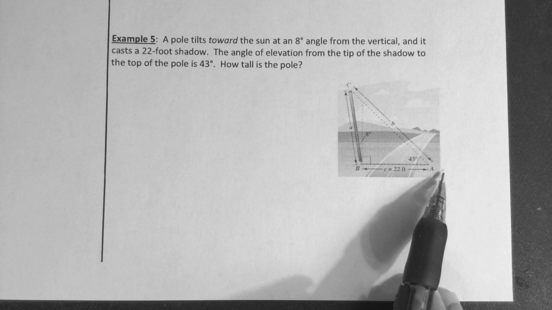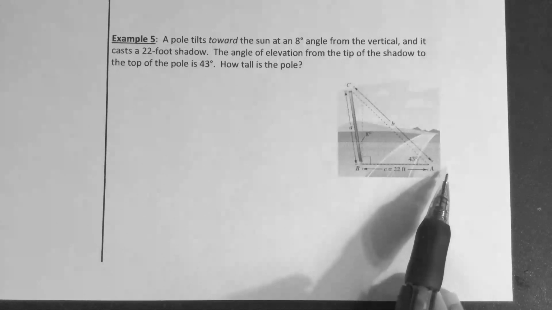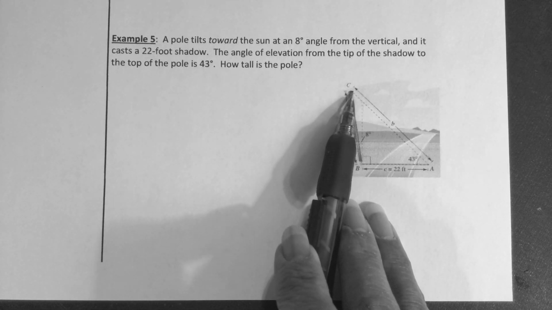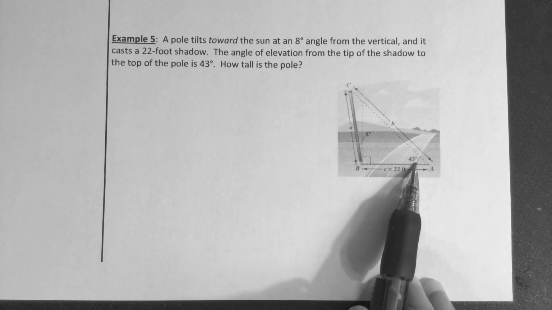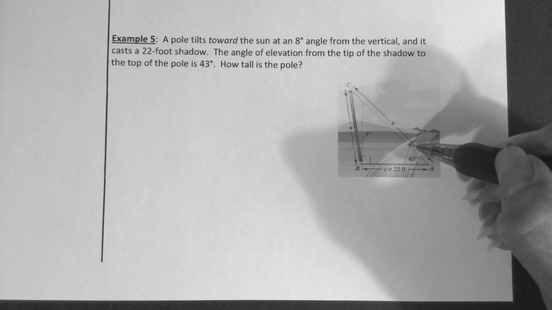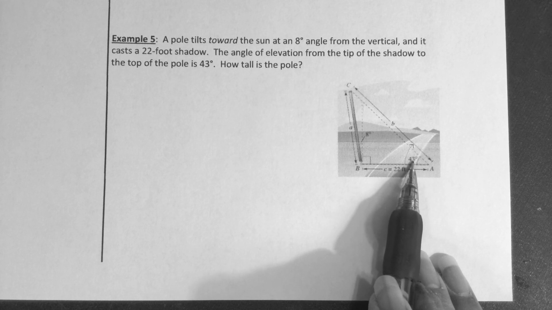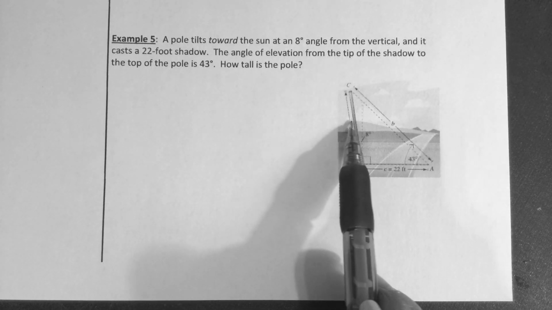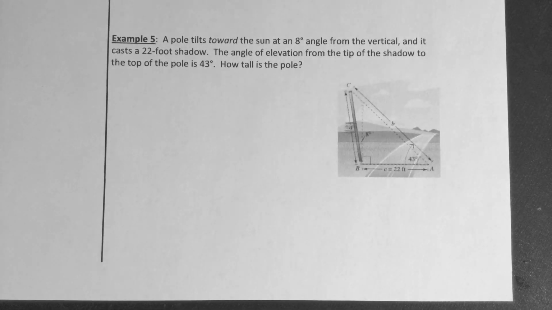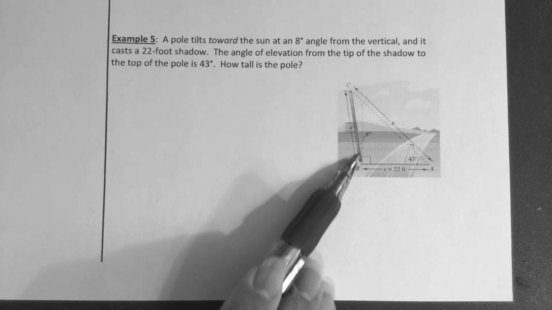The angle of elevation from the tip of the shadow all the way to the top of the pole is 43 degrees. Elevation means your eyesight goes up, so that's 43 degrees. And they want us to figure out the length of the pole. So we're looking for little a in this picture, because that's the length of the pole.